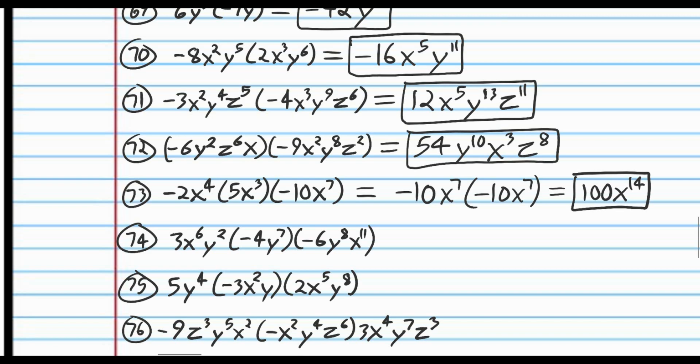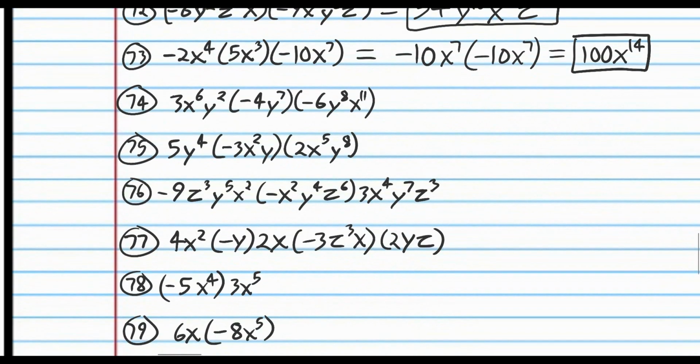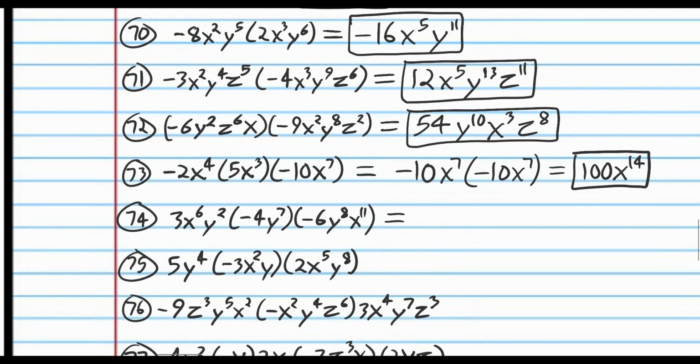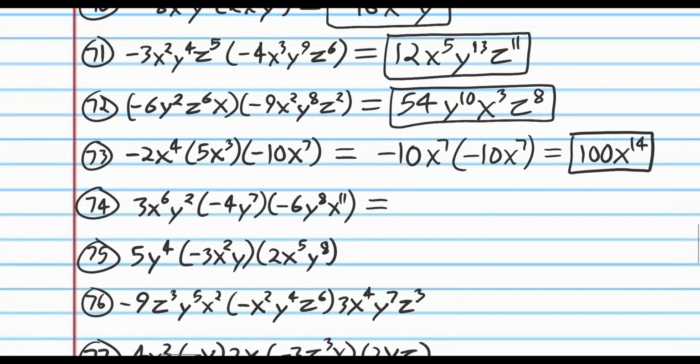All right, so on to the next one. You're going to have a chance to do some of these on your own more, but right now we'll just do them together. 3 times -4 is -12. -12 times 6, that's not our multiplication facts, but I've been doing this for a long time, so I know that that's 72. 72, and then x to the 6th times x to the 11th would be x to the 17th, and then y to the 17th, and then we don't have a z, it looks like.